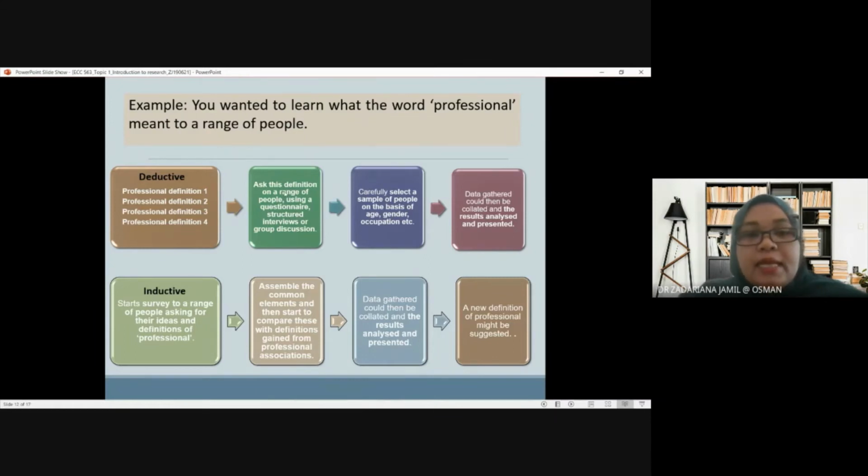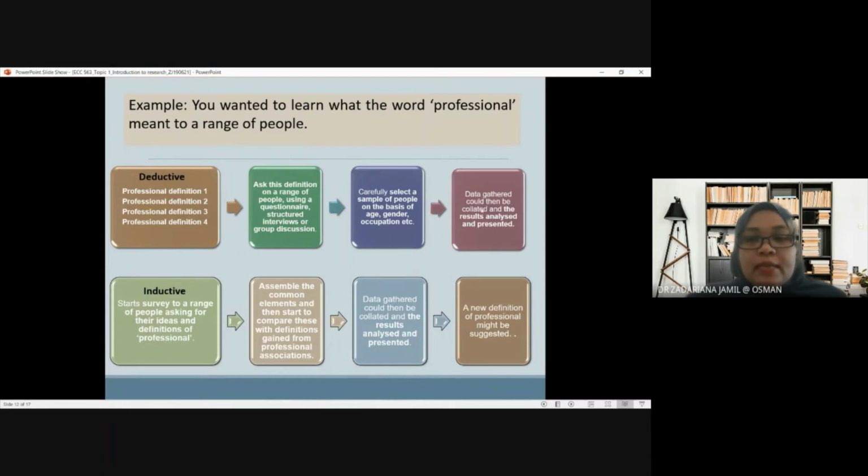Then you want to ask for the definition from a range of people using a questionnaire, structured interviews, or group discussion. So you do research on a very specific group of people. You choose the group and carefully select a sample on the basis of age, gender, and occupation. Then you get data.